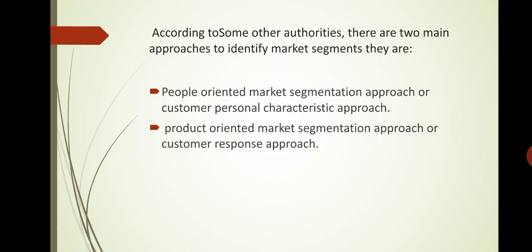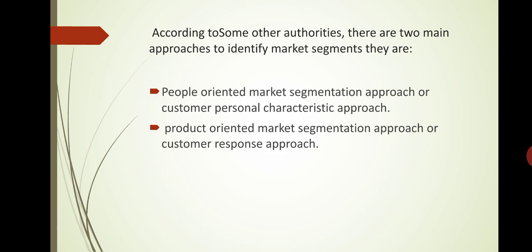According to some other authorities, there are two main approaches to identify market segments. They are, first one, people oriented market segmentation approach or customer personal characteristics approach, and second one, product oriented market segmentation approach or customer response approach. Then what is the people oriented market segmentation?